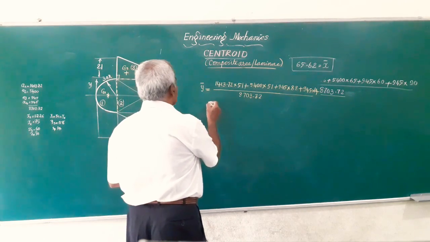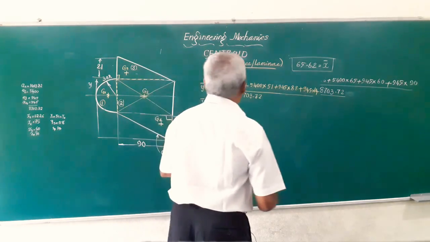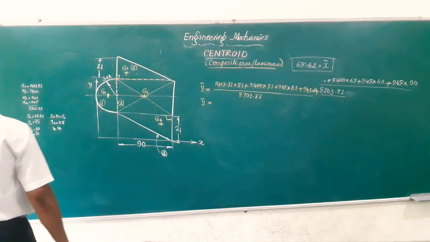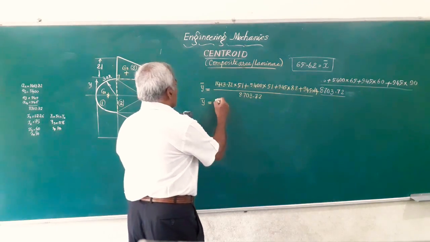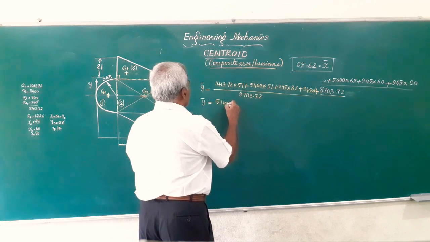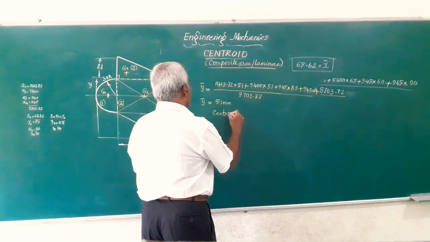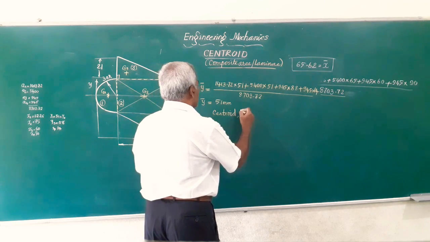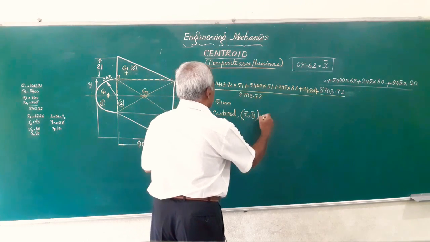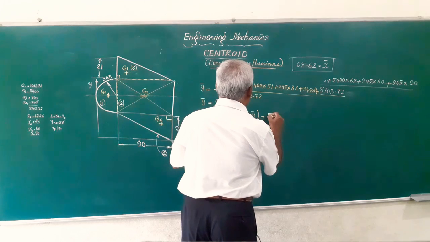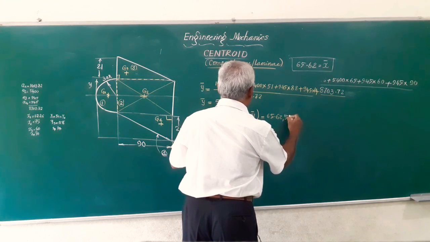If you simplify this, you get y bar equal to 51 millimeter. So finally, the centroid of the whole plate, x bar comma y bar, is x bar 65.62 mm and y bar 51 mm.